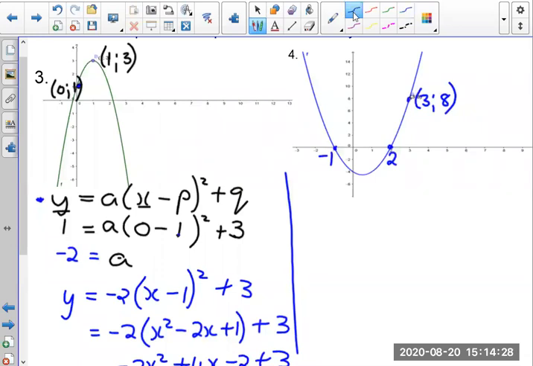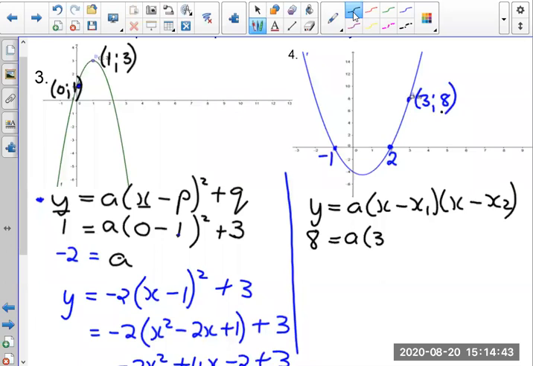So I'm going to start with the equation where I use the x-intercepts. So y is 8 and the x value is 3. What's the x-intercept? Minus 1, so minus 1 there and 2 there.